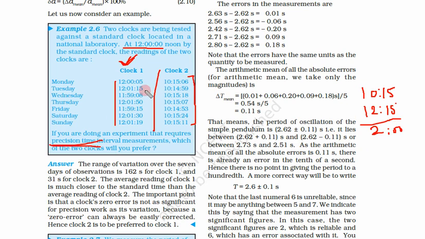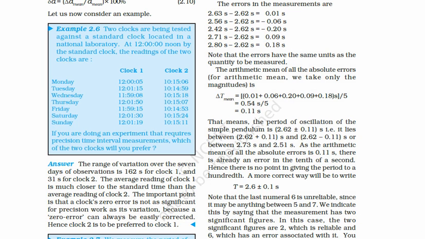When we use this clock, it will start at 12 o'clock and end at 2 o'clock. But again the difference is 2 hours. So it does not matter whether it is giving a more accurate value or not. What matters to us is which one of these clocks is giving the more precise value.